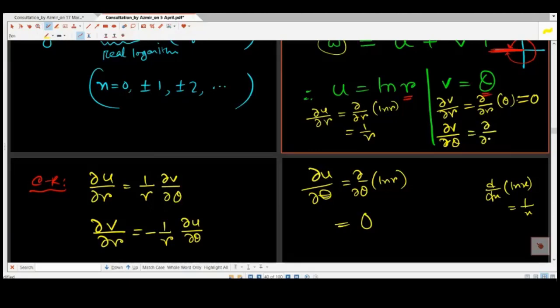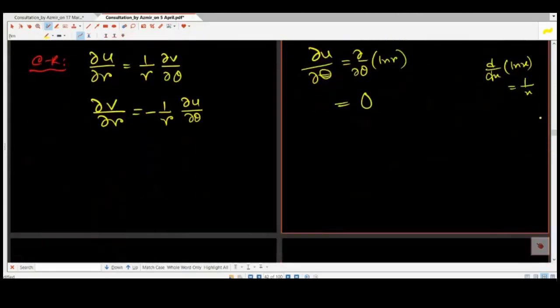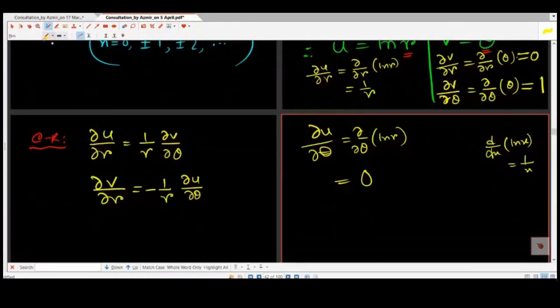Differentiation of theta in terms of theta is 1, just as differentiation of x in terms of x is 1. So we have found du dr as 1 over r, du d theta is 0, dv dr is 0, dv d theta is 1.